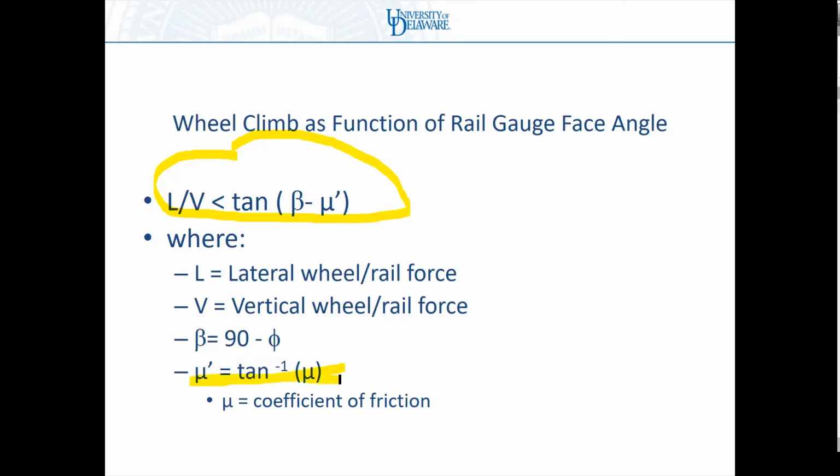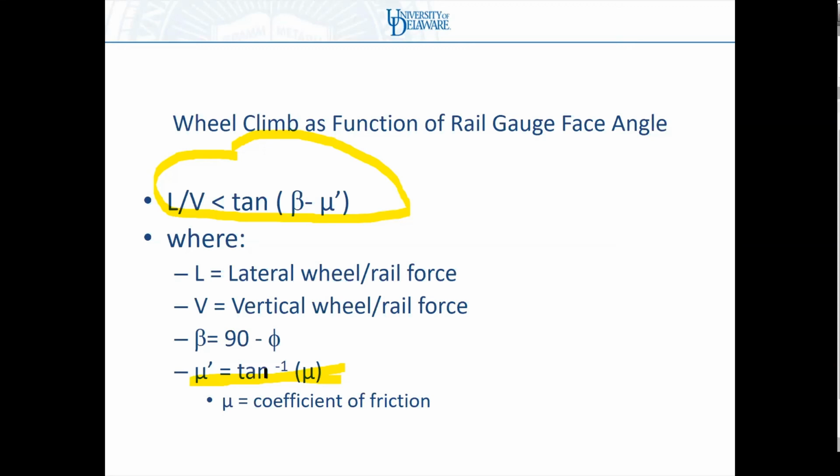Now, this is where you've got to be really careful. If you're using a spreadsheet, make sure you stay in radians and not in degrees, because otherwise you're going to be in trouble. I'm making the assumption that everybody understands what an arctan is.